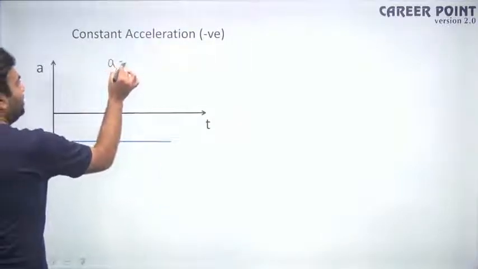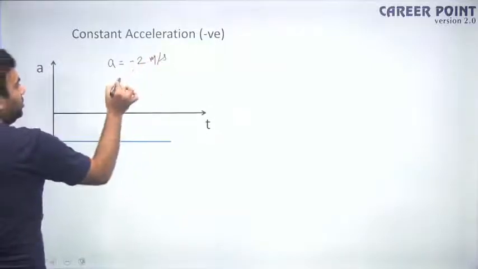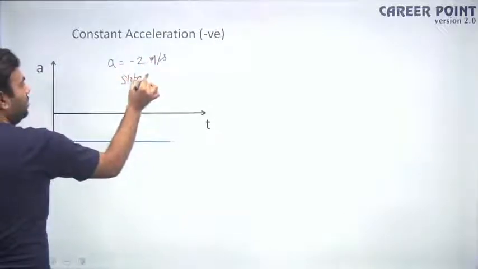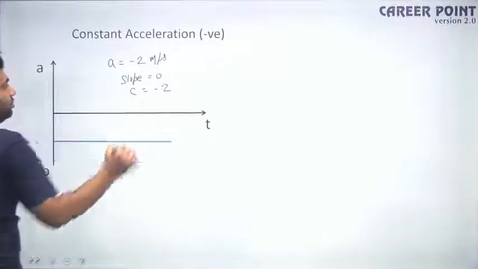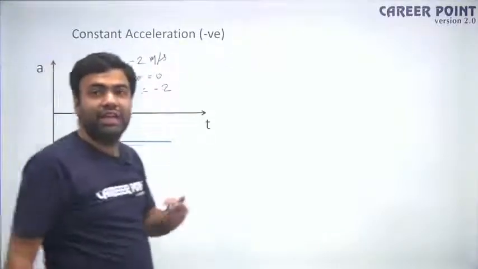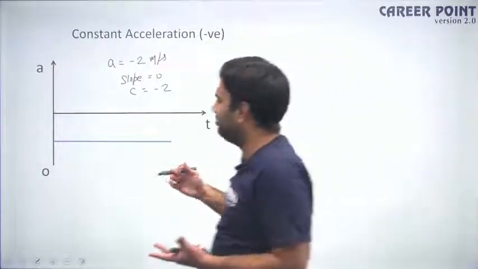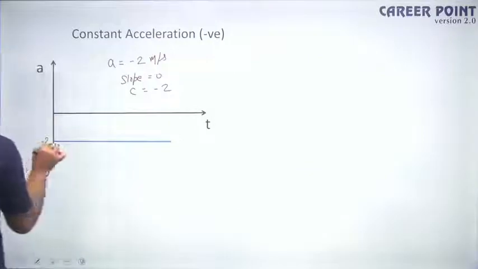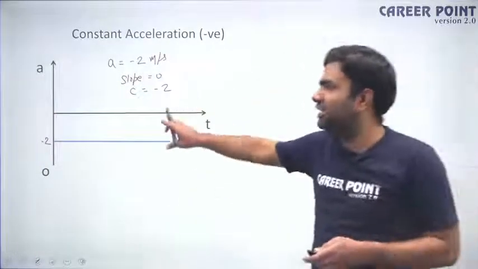Suppose acceleration is minus 2 meter per second squared. Then for this equation, slope is equal to 0 and c is equal to minus 2. So the graph will be like this, making angle 0 with the time axis and passing through this value, minus 2 meter per second squared. So this is the acceleration time graph if a is negative.